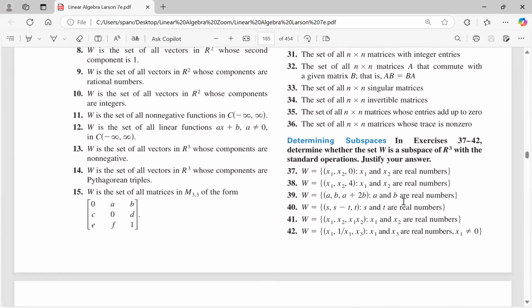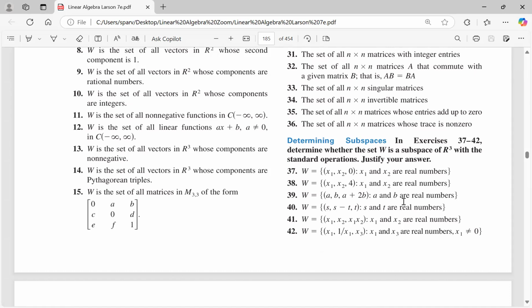Now, is it okay, again, any one of those you want us to work, 37 to 42? How about 42, the last one? Let's take a look at number 42. In number 42, W is the set of vectors in R3, so you have vectors that have A, B, C components.